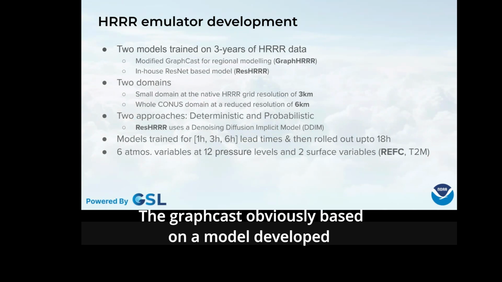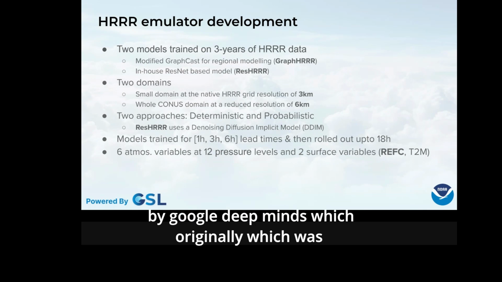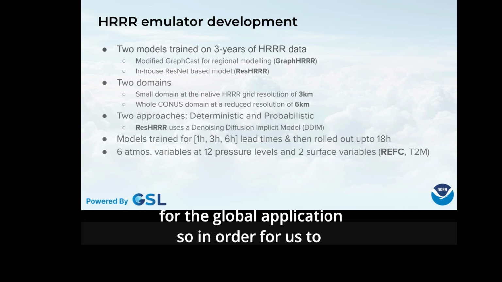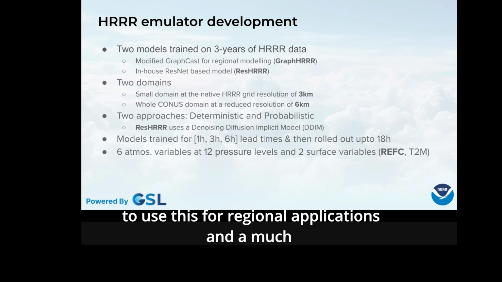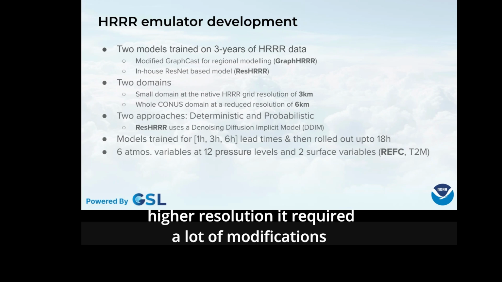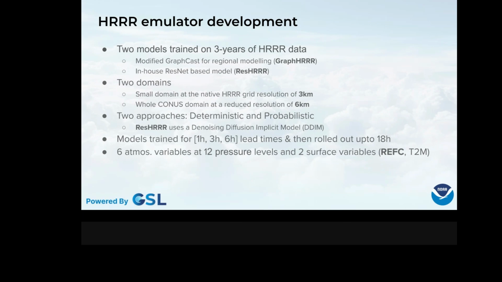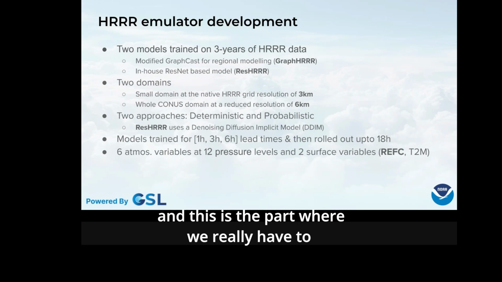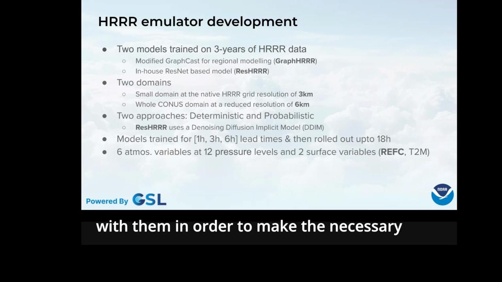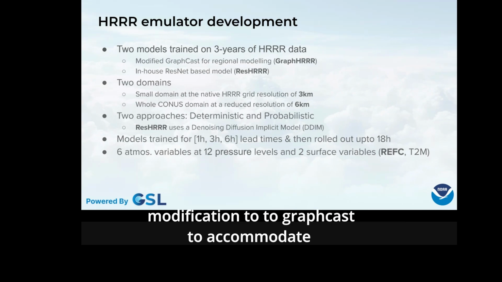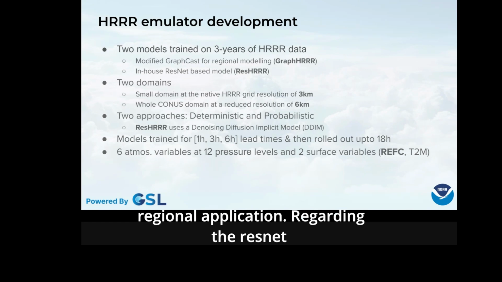GraphCast is based on a model developed by Google DeepMind, which was for global application. So in order for us to use this for regional applications and at a much higher resolution, it required a lot of modifications. And this is the part where we really have to give credit to our NSSL colleagues, because we worked with them to make the necessary modifications to GraphCast to accommodate regional application.